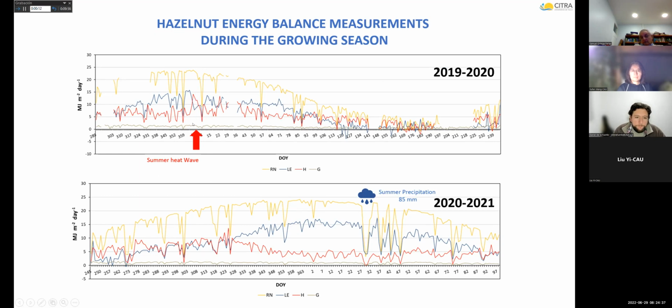That is caused by the plants having water stress, also reflected in the stem water potential of the plants. For the second season, in February, we had a summer precipitation, and the energy balance changed for almost 2 weeks, also changing the water requirements of the plants.